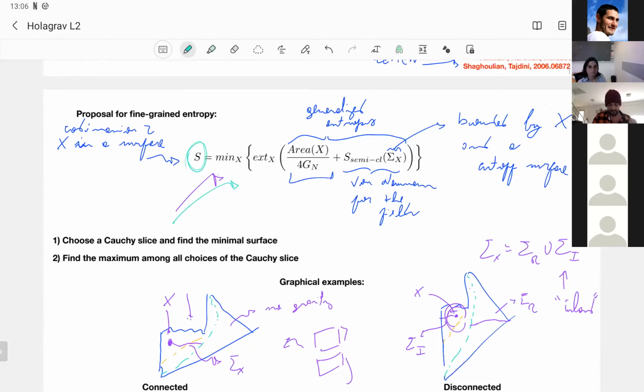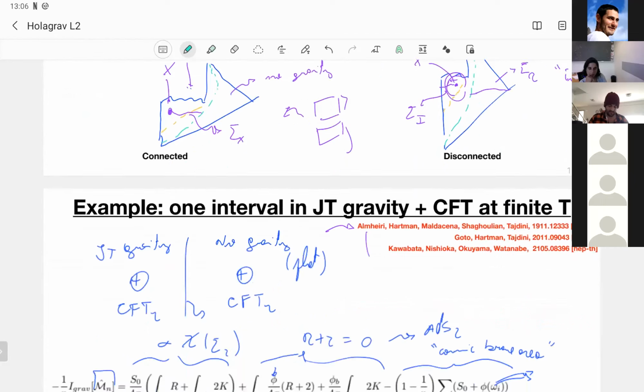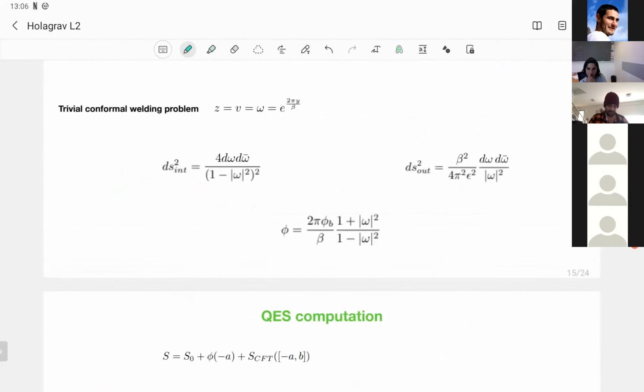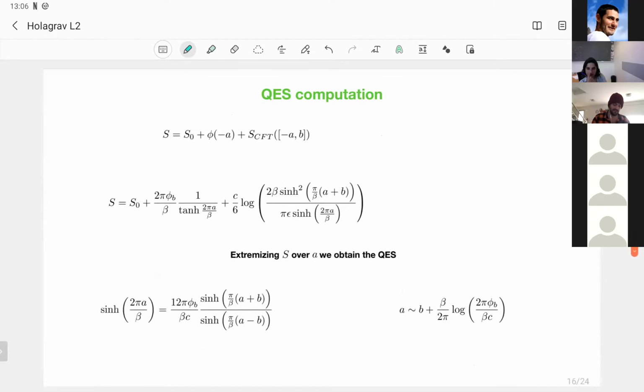One is using this equation, computing the quantum extremal surface, applying this extremization, and you are going to get a result. In the paper, they did it in many computations, and they apply this formula. I call this the quantum extremal surface computation because they use it.